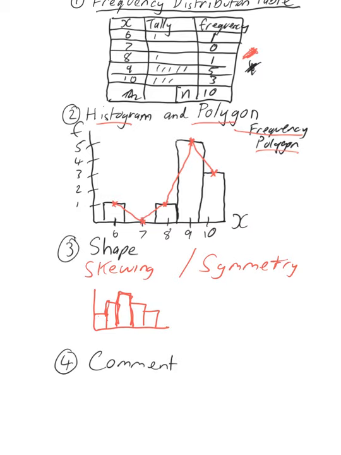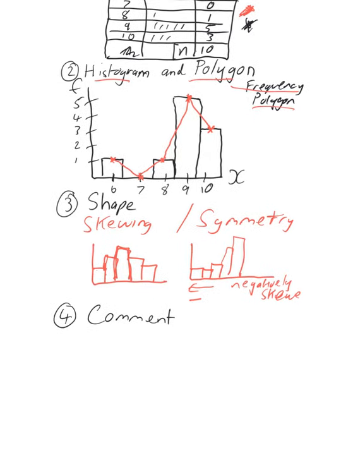You'd say that's symmetrical. This one here, if there's a tail pointing to the negative direction, that's that way, negative, then we say that that's negatively skewed. And we'll be going over this a lot more later.